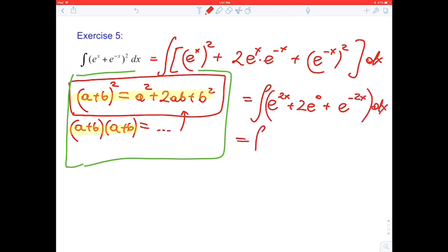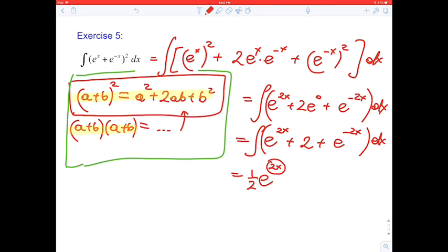One more time: e to the 2x plus 2 plus e to the negative 2x. Now the integral of e to the 2x is the same function, e to the 2x, times, not 2, since this is an antiderivative, times 1/2, the reciprocal of this coefficient.